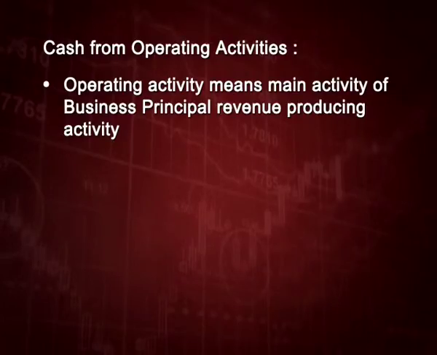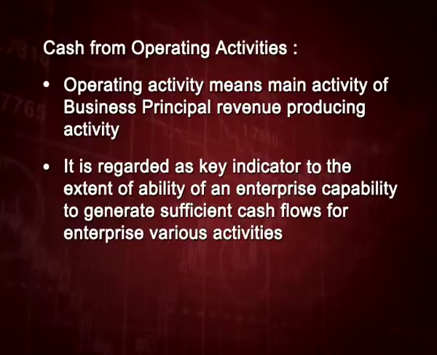The next activity is cash from operating activity. Now, what is an operating activity? It means the main activity of the business or principal revenue producing activity. Now, it is regarded as a key indicator to the extent of ability of an enterprise to generate sufficient cash flow for the enterprise's various activities.